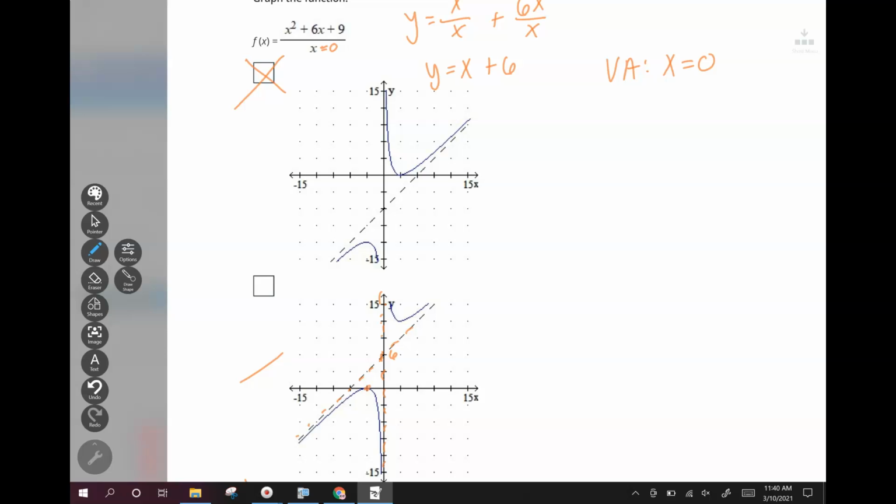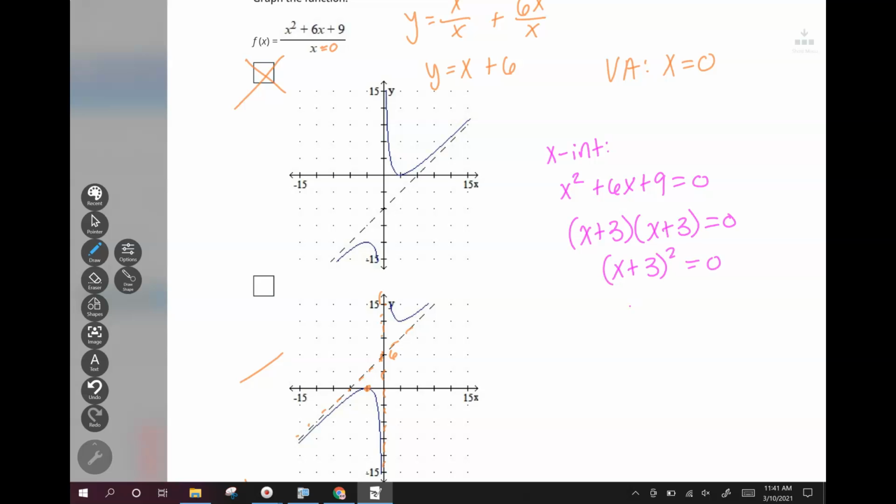Let's check this x-intercept. Remember your x-intercepts are where your numerator equals 0. So how about I factor that numerator to find my x-intercepts. So x plus 3, x plus 3, or just x plus 3 squared.